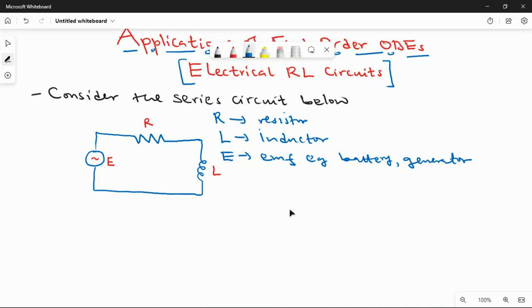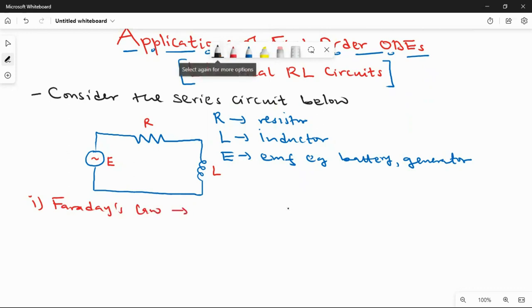The first law is what we call Faraday's law. I'm going to state it. Now, what does it state?